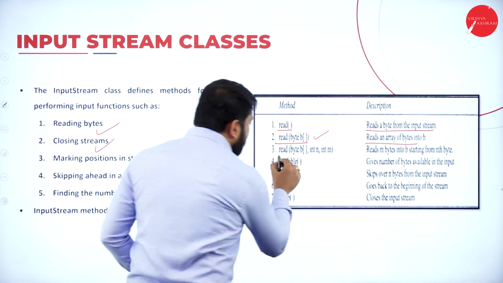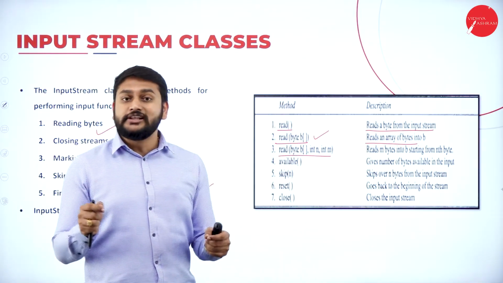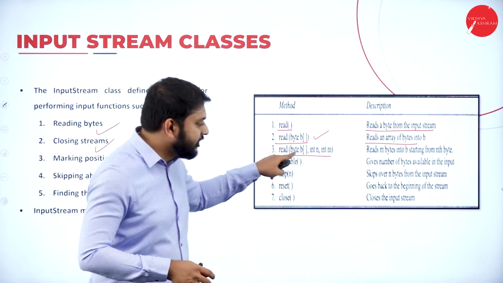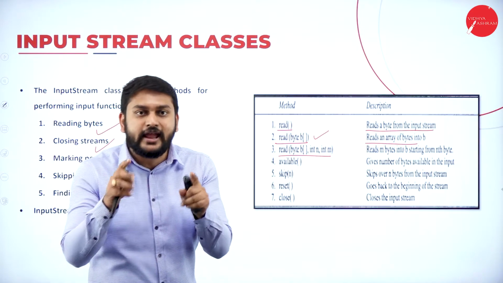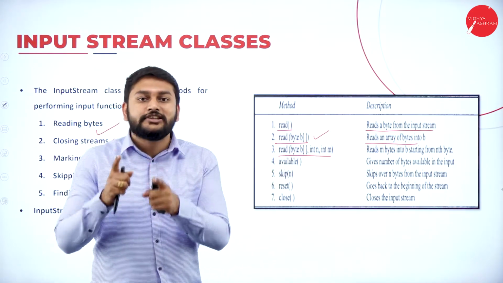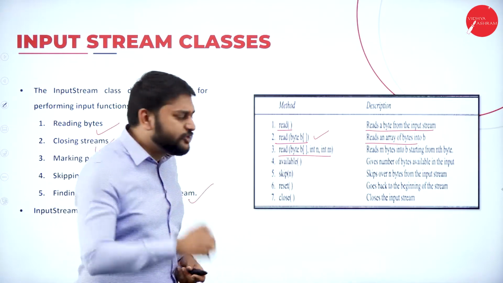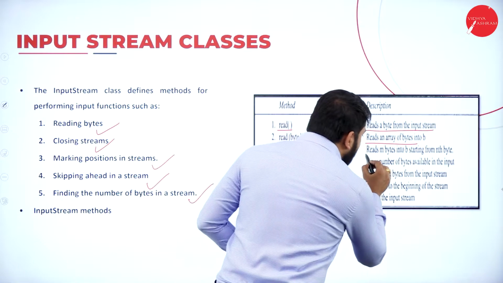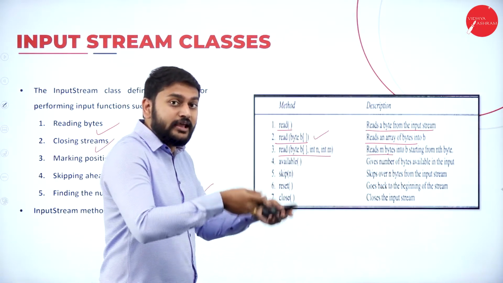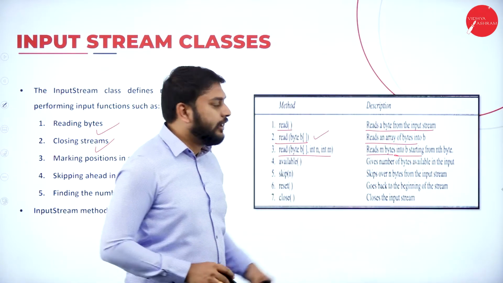In the same way, read with 3 parameters. In this method, please observe I have 3 parameters. The first one is a byte array. The array name is b, and I have 2 integer parameters. What exactly are the 2 integer parameters? Listen to me carefully. It reads m bytes into b starting from the nth byte.